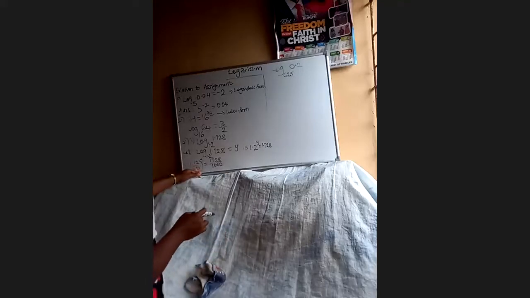Now, we have 12 over 10 raised to the power y is equal to 1728 over 1000.